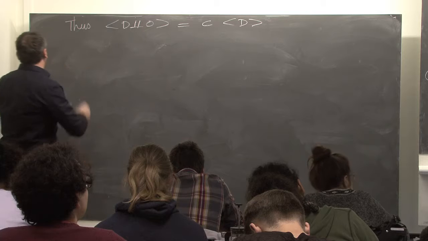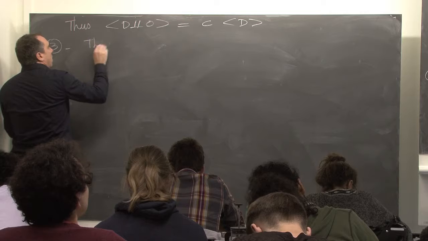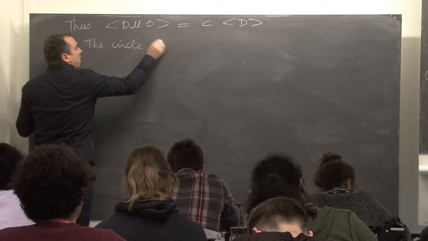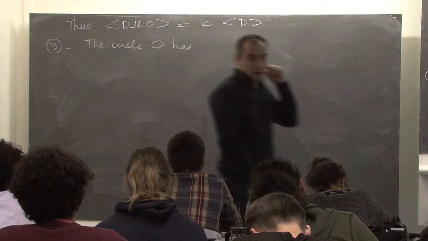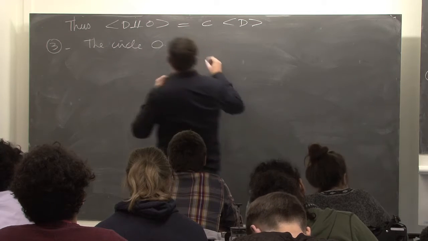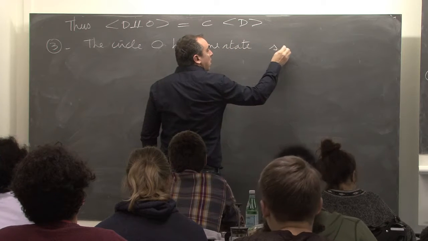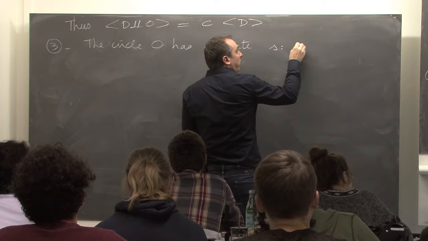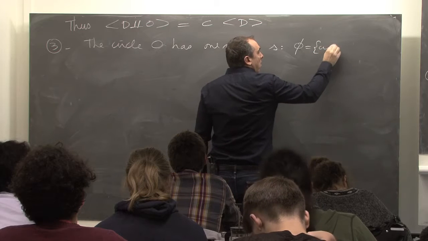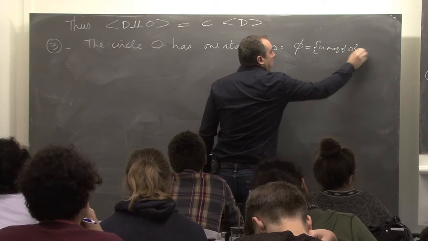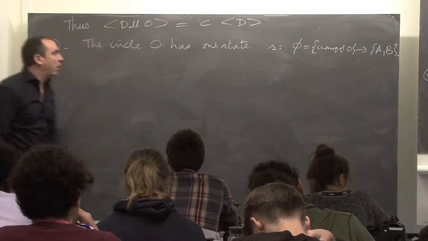Okay. So finally, for this circle, how many states does the circle have? This is a map from the set of crossings. There is no crossing, so this is an empty set. So there is only one map like this.